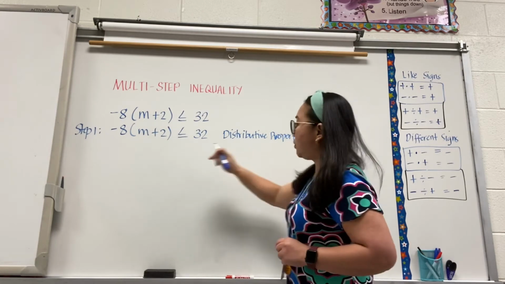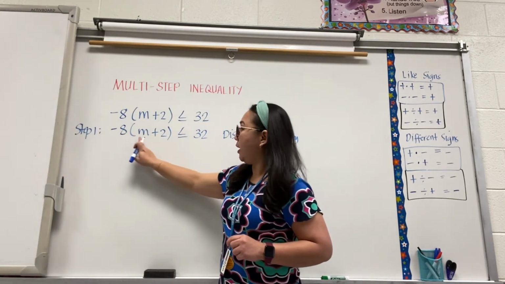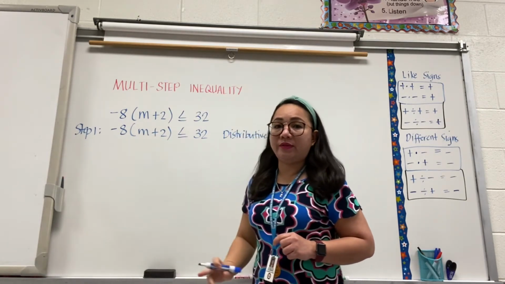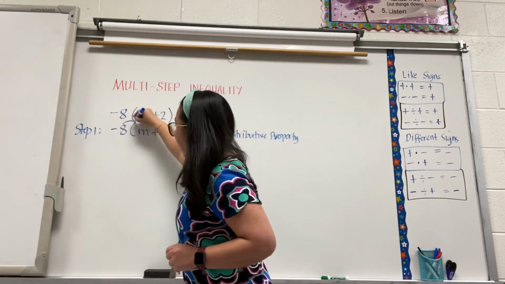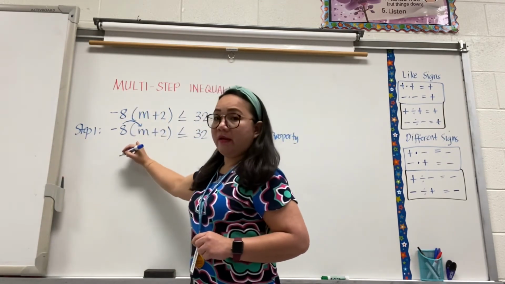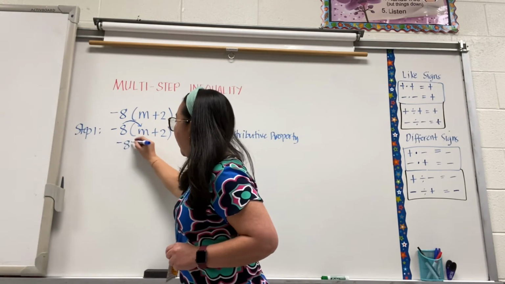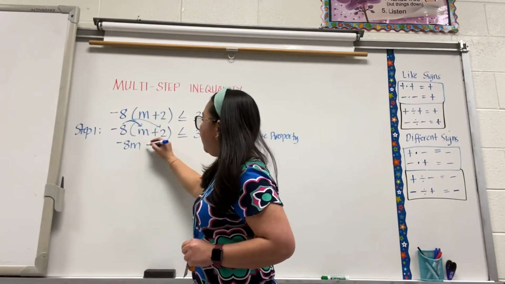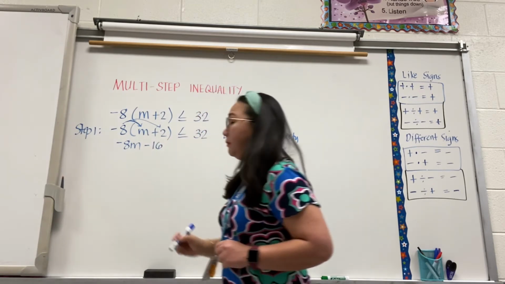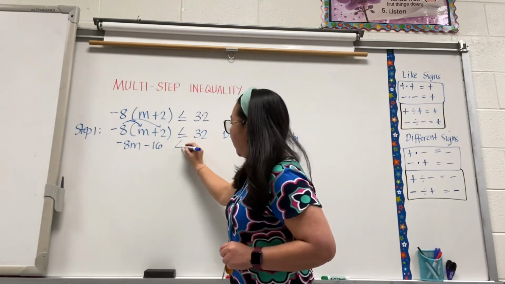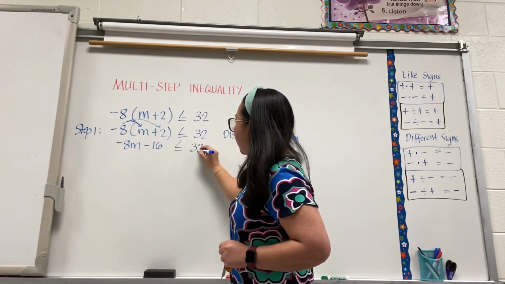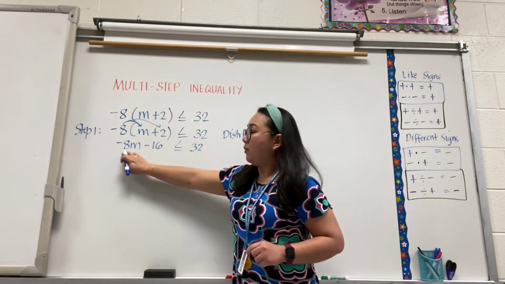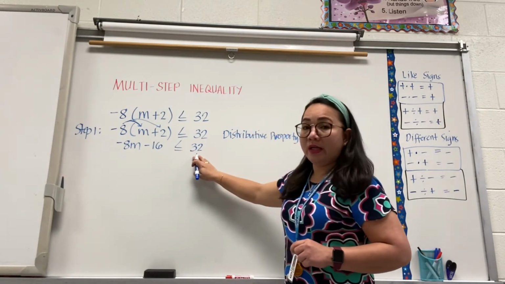We will distribute negative 8 to each term inside the parentheses. So negative 8 times m is negative 8m. Negative 8 times 2 is negative 16. And then the symbol less than or equal to 32. So this is now our new inequality.